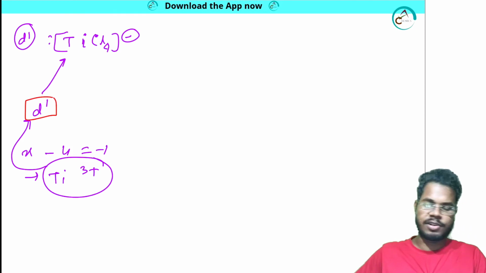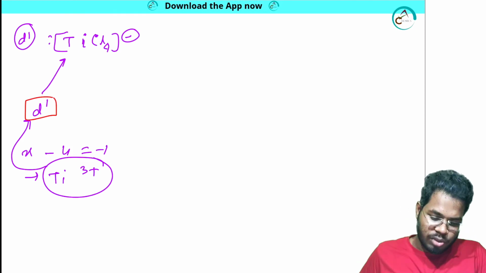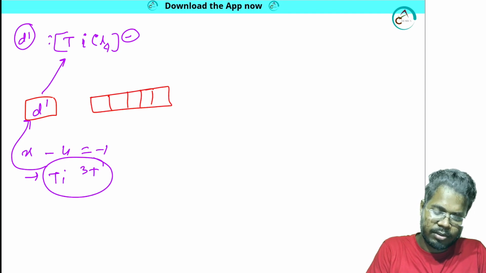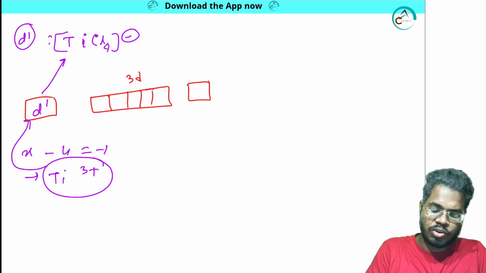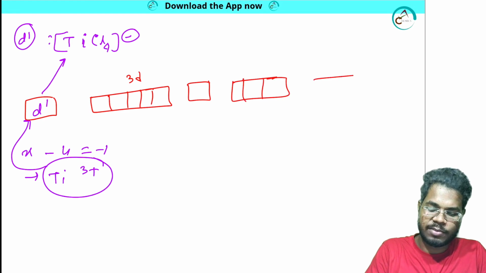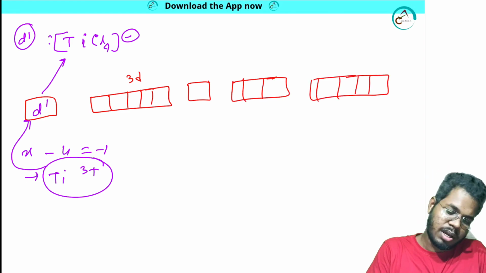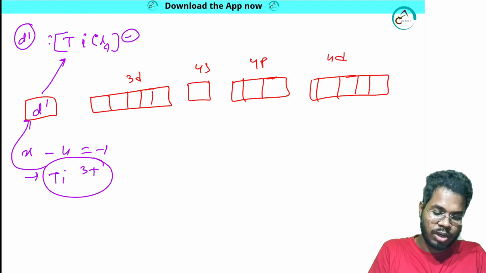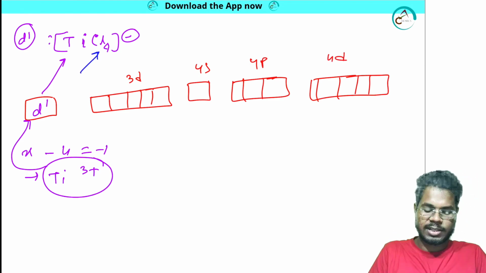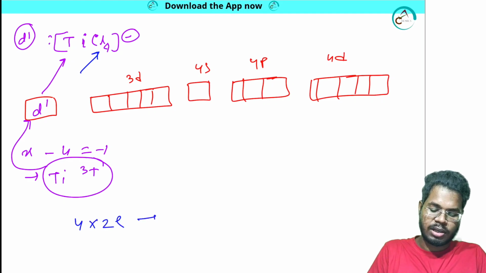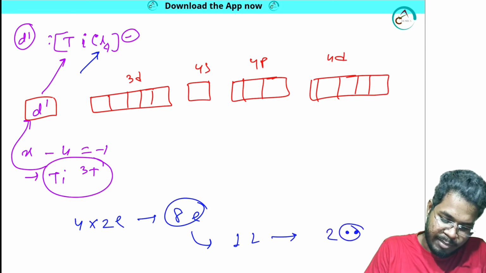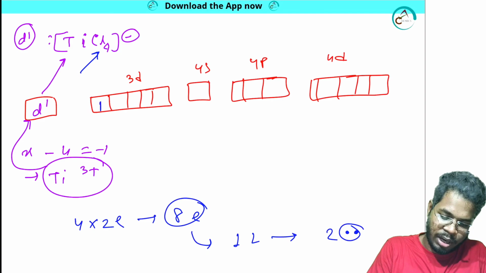So look at this d1 system first. What you need to do is draw the corresponding orbitals: 3d, 4s, 4p, and 4d. You just need to practice all these things, then it will be very easy for you. We just need to put 4 ligands, which means 4 into 2 electrons, total 8 electrons, 2 electrons from each ligand. Here the metal electron will be only 1 electron.